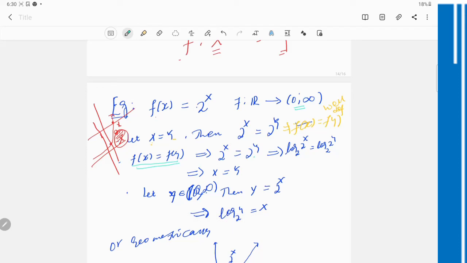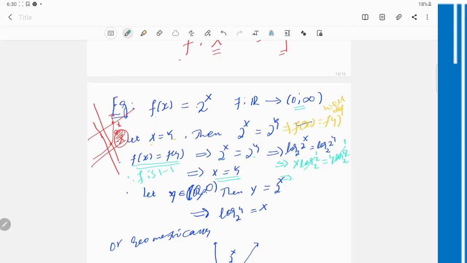Then applying the logarithm function to base 2, this will be cancelled using the logarithm property, and you get x log of 2 to base 2 equals y log of 2 to base 2. So this equals 1, this equals 1, then it remains x equals y. So we say the function f is 1 to 1.